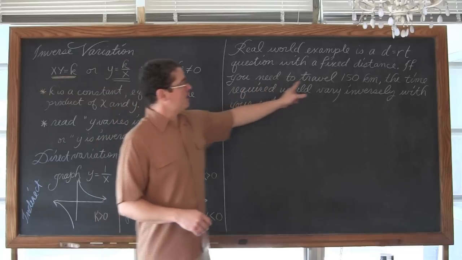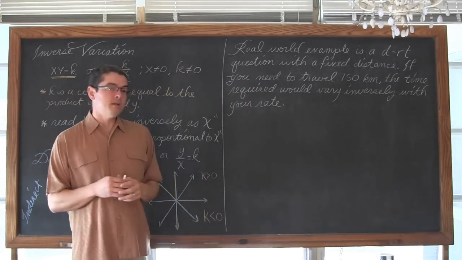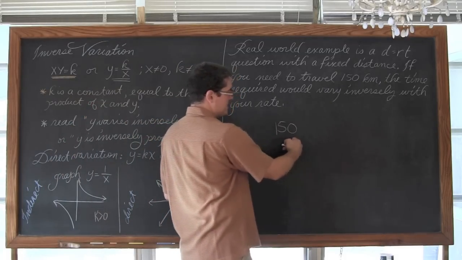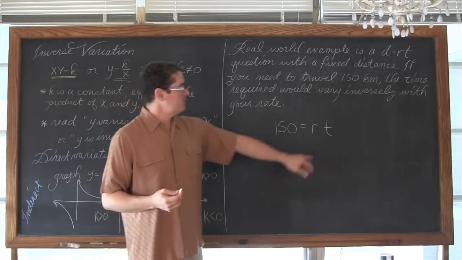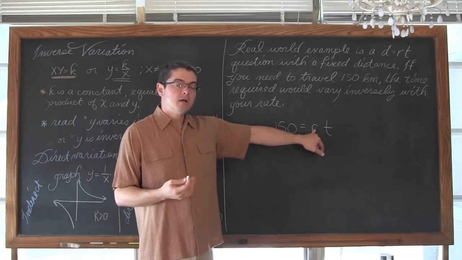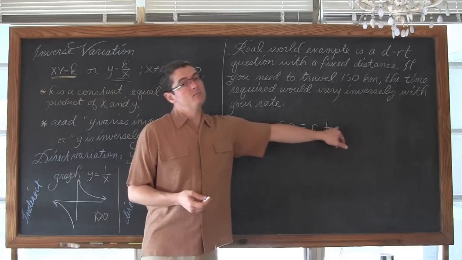If you need to travel 150 kilometers, the time required would vary inversely with the rate. If you have to go 150 miles, that distance is equal to rate times time. If you travel faster, it's going to take you less time to get there. If you travel slower, it's going to take you more time.